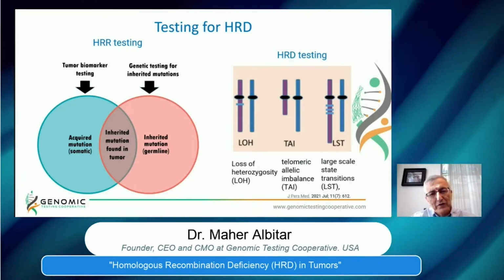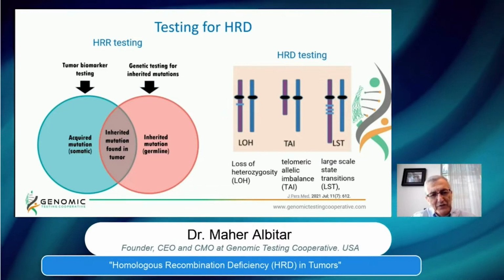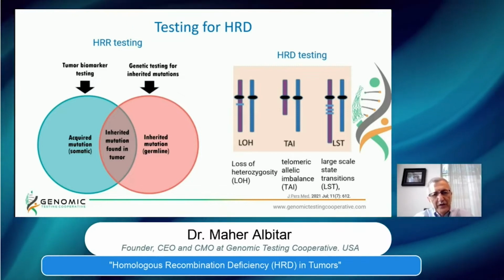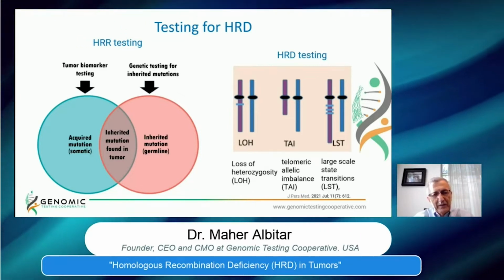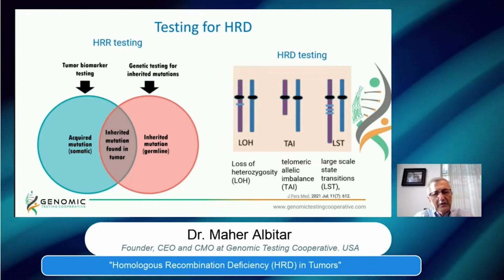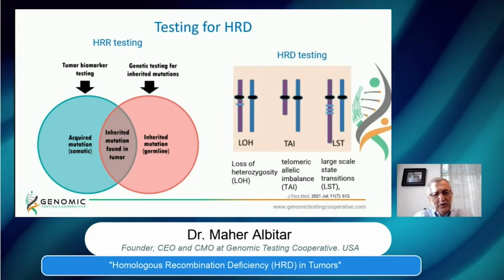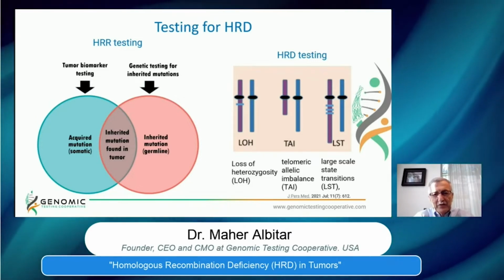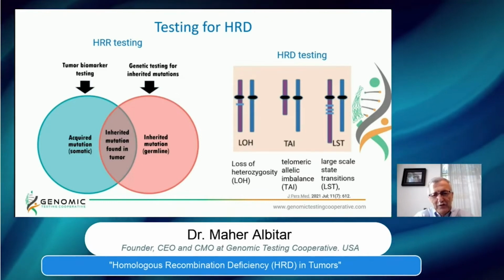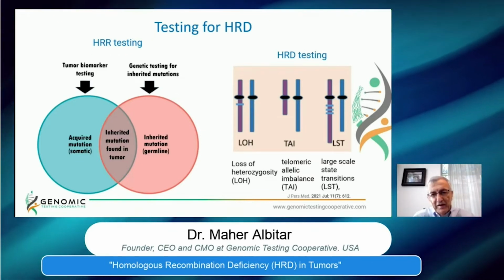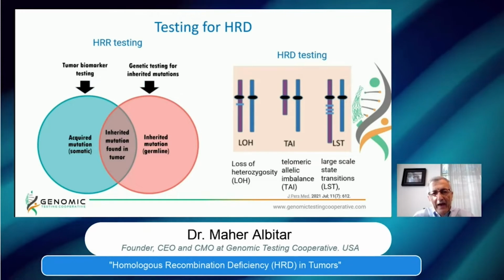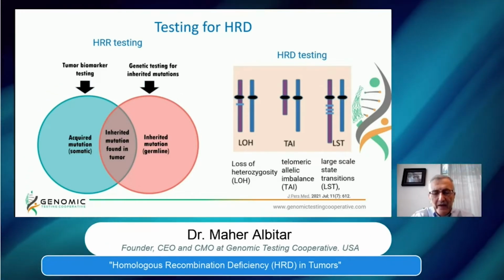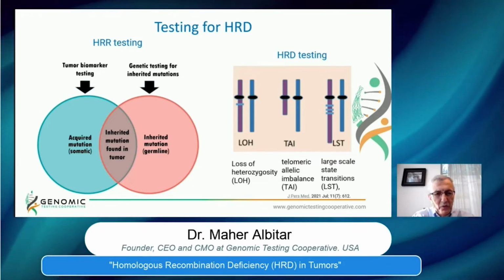If you have a mutation, you will see it in the tumor in one of these genes which are involved in the homologous recombination deficiencies. And if you see these mutations, you still need to demonstrate the phenotype, which means that you need to demonstrate the chromosomal scarring and the abnormalities in the chromosomes.